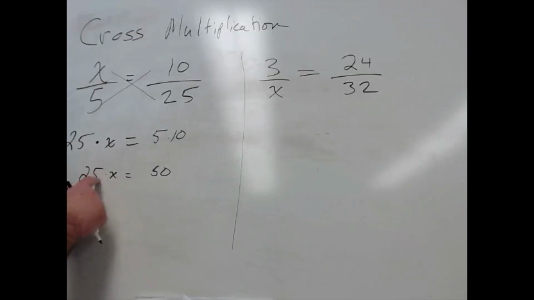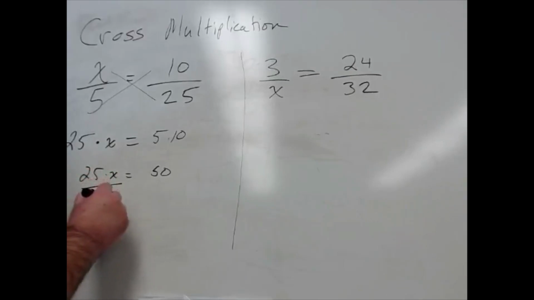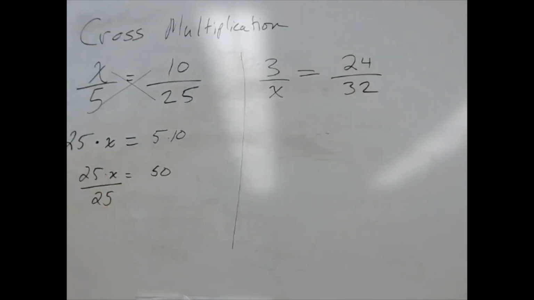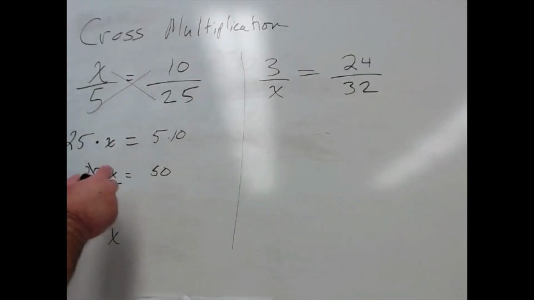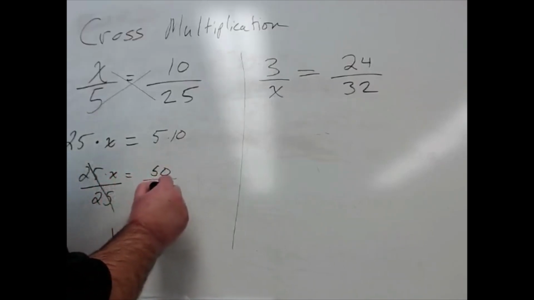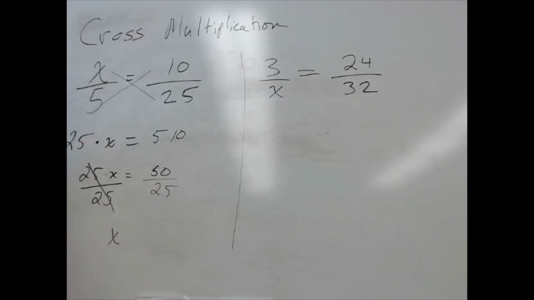This is multiplying by 25, so to get rid of the multiplication by 25, I have to divide by 25. 25 divided by 25 here just gives me 1, leaving me with just 1x. Since this is an equation, if I divide the left-hand side by 25, I also need to divide the right-hand side by 25. And then 50 divided by 25 tells me that my answer is 2.